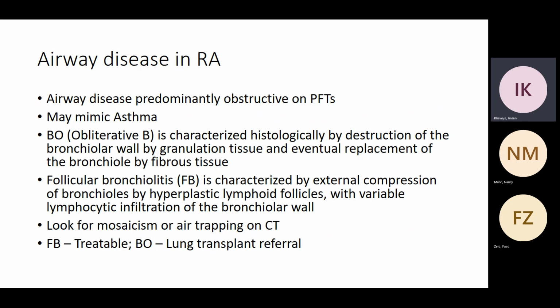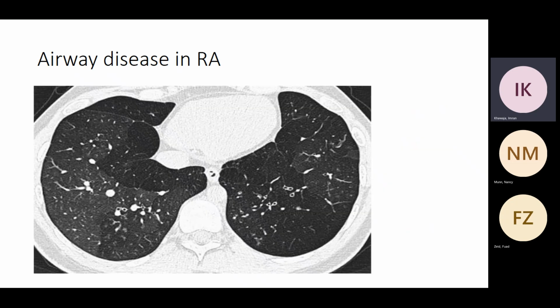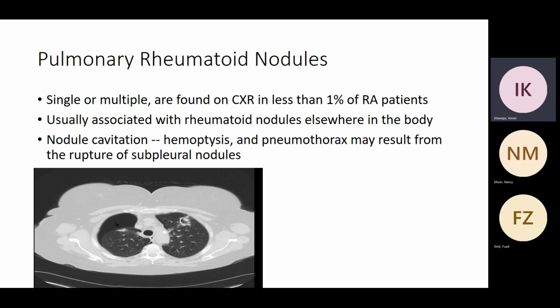It has a bad prognosis. But follicular bronchiolitis usually responds significantly to steroids, so that can be managed. So when you have a mosaic pattern in patients with rheumatoid arthritis, we need to suspect the possibility of airway abnormalities.